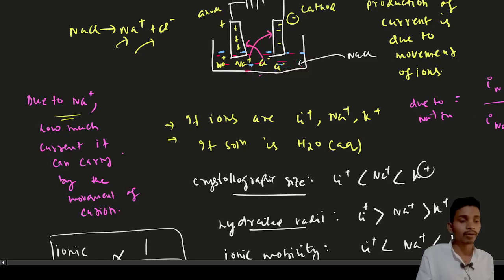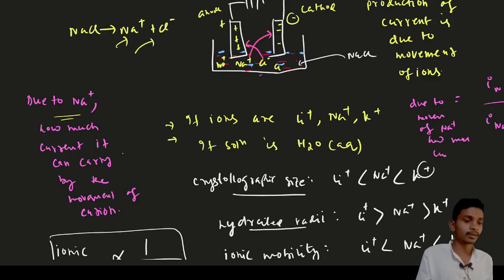That is the current carried by Na+ plus the current carried by Cl-. So due to the movement of Na+ ions, how much current will it carry? This sentence we give a new term, that is transport number, represented as T, and we write T Na+, because otherwise we would have to write this whole sentence.